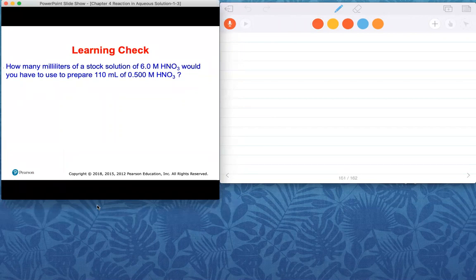Remember this equation, and I'll give it to you in the next exam. Molarity is given by the number of moles of solute over volume in liters of solution. That is what we looked at last time.